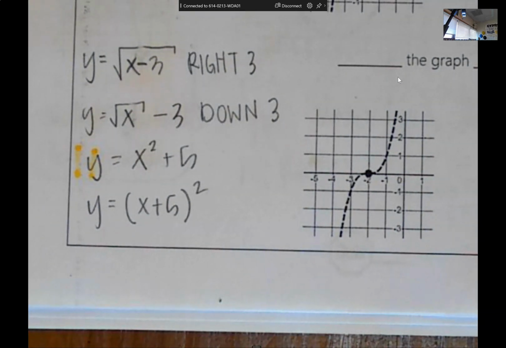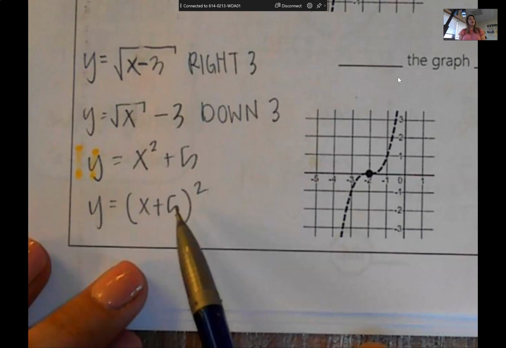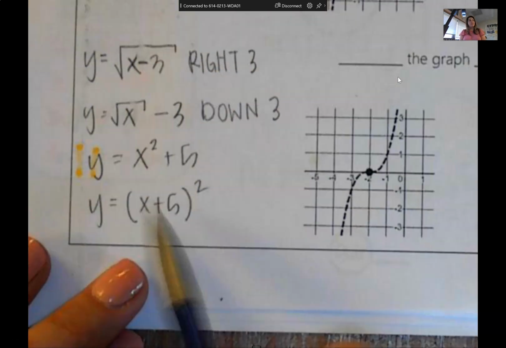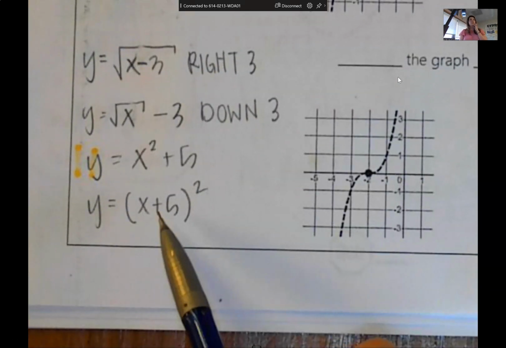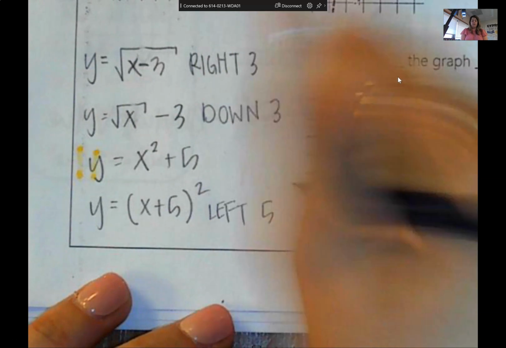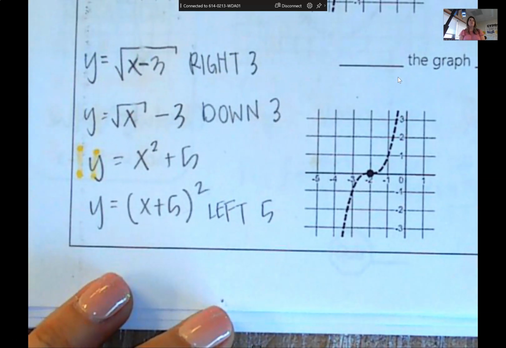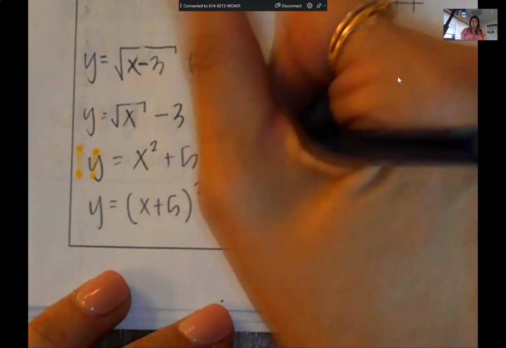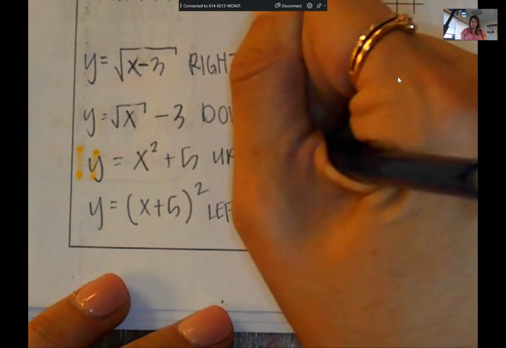Is it the top or the bottom? The bottom. So in this case, in my mind, this 5 is trapped in with this x. So this means that we went left 5, because you have to do the opposite of what you see. But this one means you went up 5.